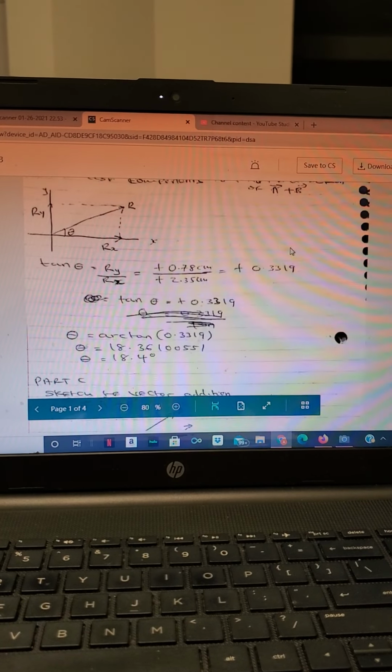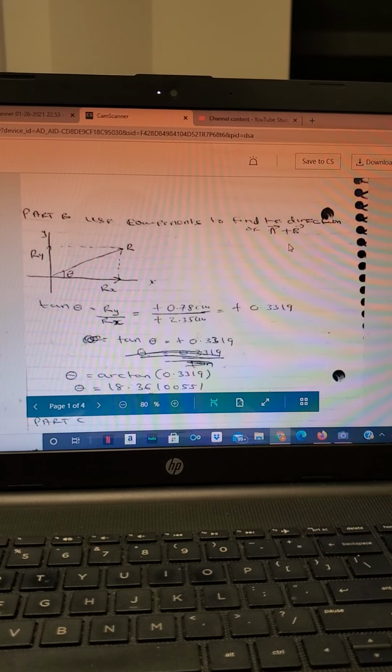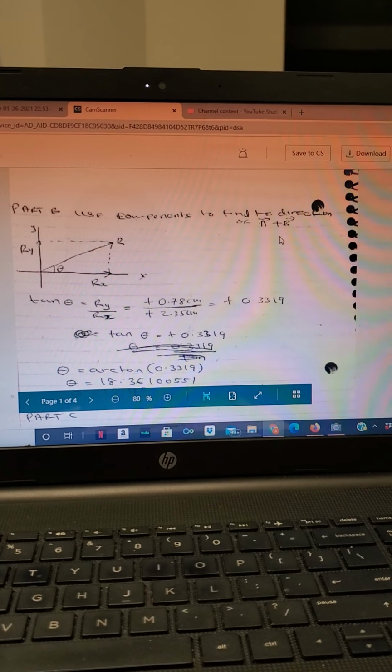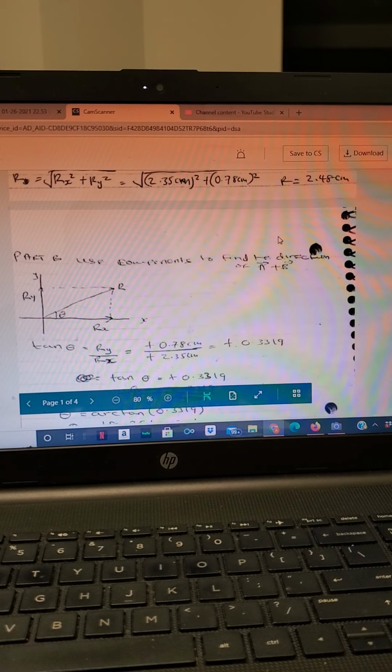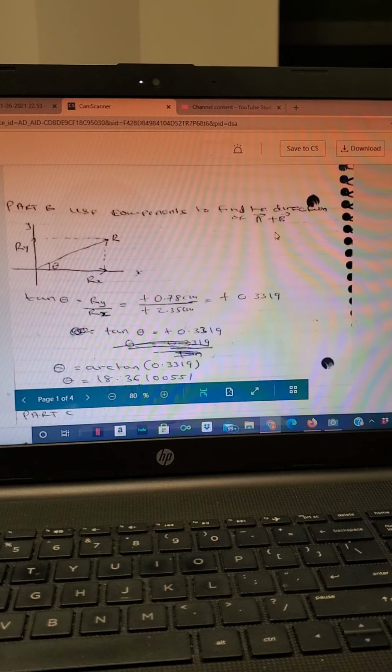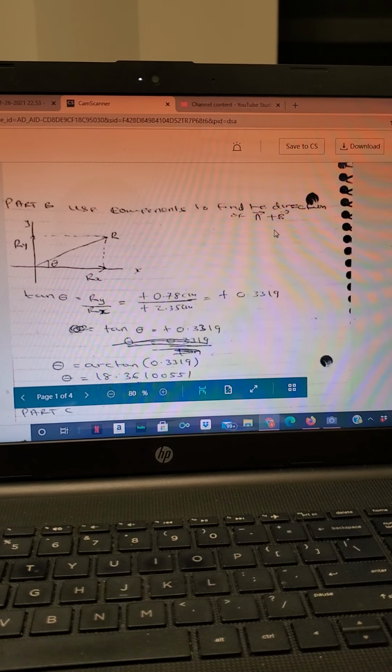To graph this, the next part says use the components to find the direction of the vector. After finding our magnitude, which is 2.4 centimeters, we have to find our direction as well.